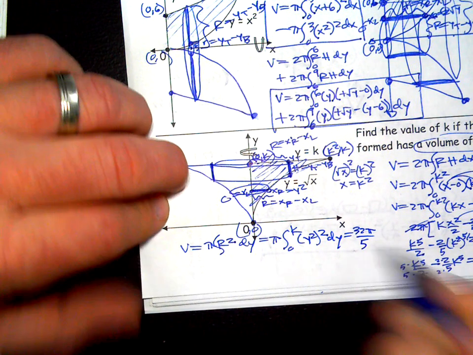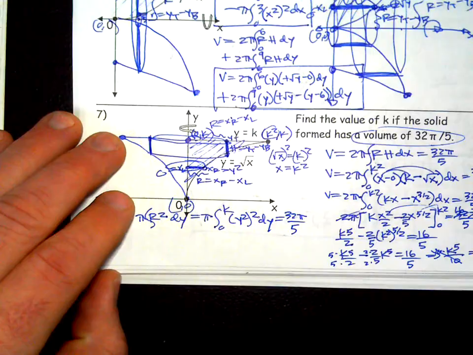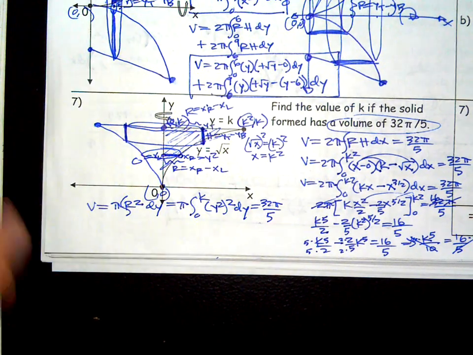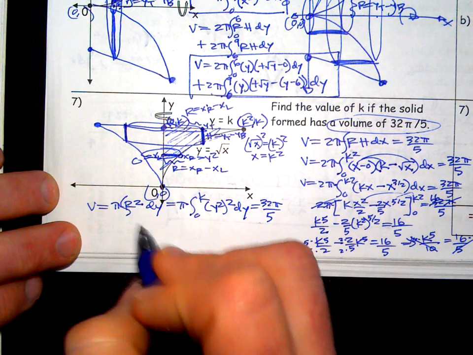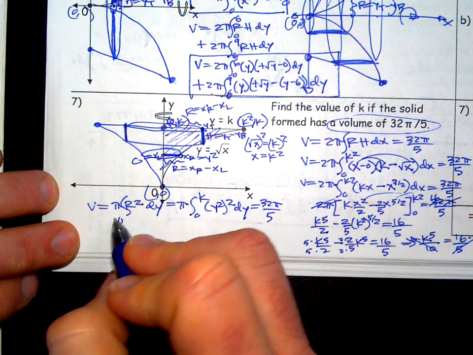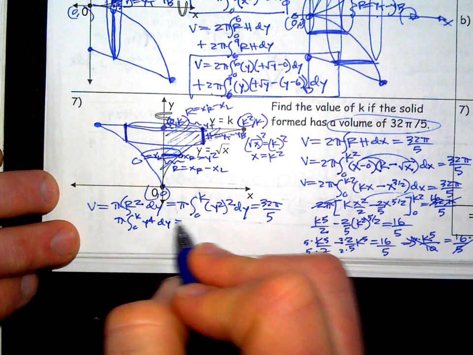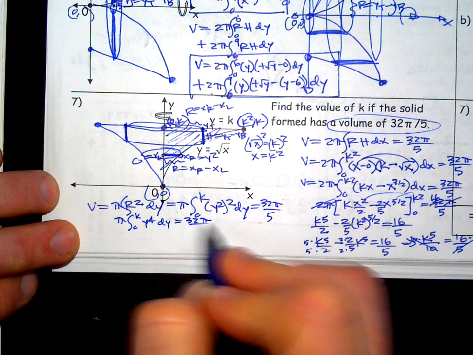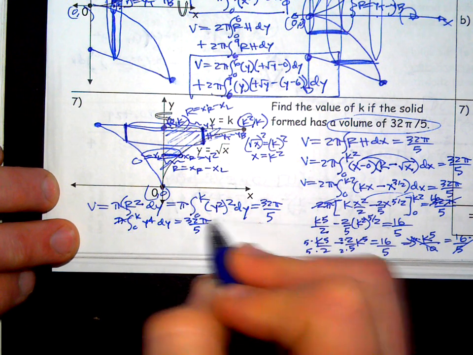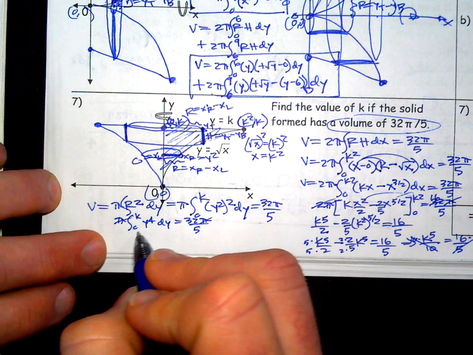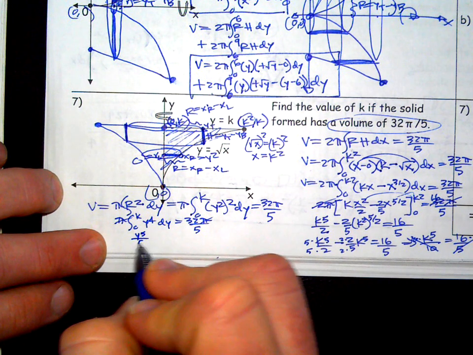This is, even though we're having to do y here, it looks a lot easier than the other way we just got done doing it. So it's going to be pi integral from 0 to k of y to the 4th dy equals 32 pi over 5. We could divide the pi out of both sides. The antiderivative here is y to the 5th over 5.